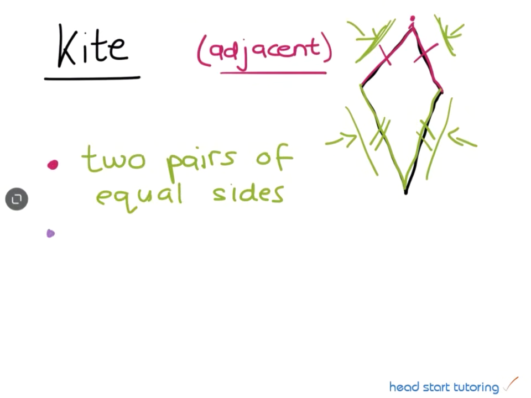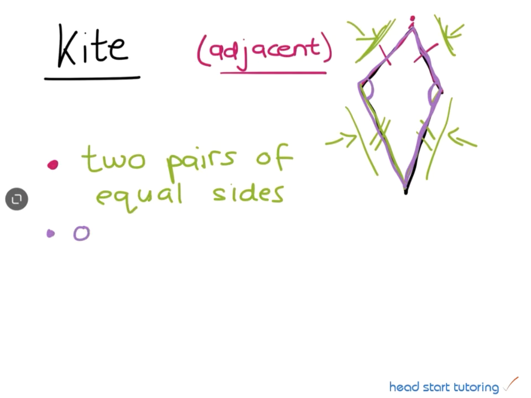Right, let's have a look at another property of our kite. If we have a look at those two angles, we will see that they are equal to each other, because they intersect at the same angle. So this side here intersects this side at the same angle that these two sides intersect. Right, so these two angles are equal.